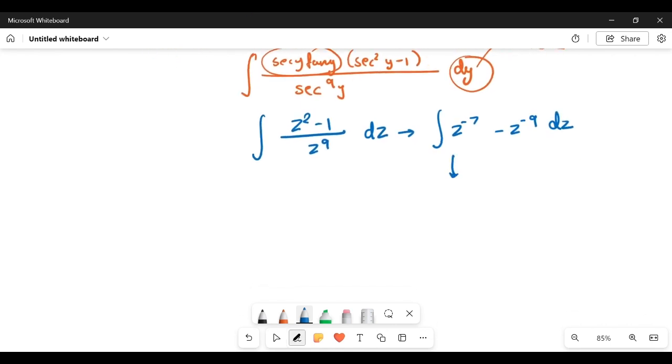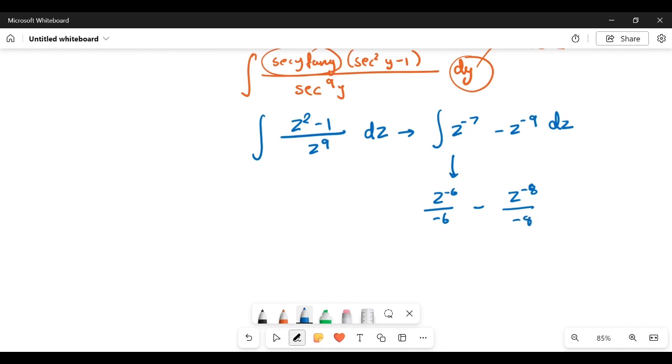Then it can be simply integrated like this. That will be z to the power minus 6 divided by minus 6, minus z to the power minus 8 divided by minus 8.